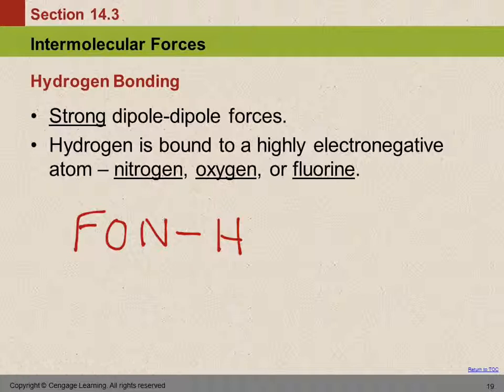F-O-N-H. So if you have fluorine, oxygen, or nitrogen bonded to hydrogen in a polar molecule, that molecule is extra polar. And so those electrostatic attractions between the positive and negative ends are extra strong.